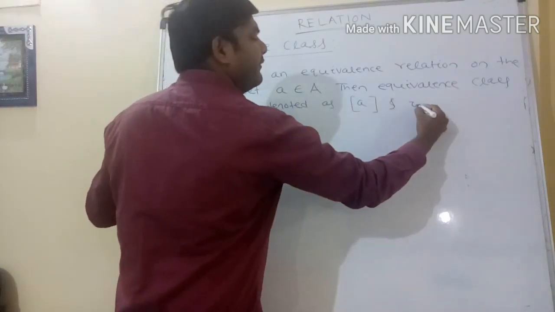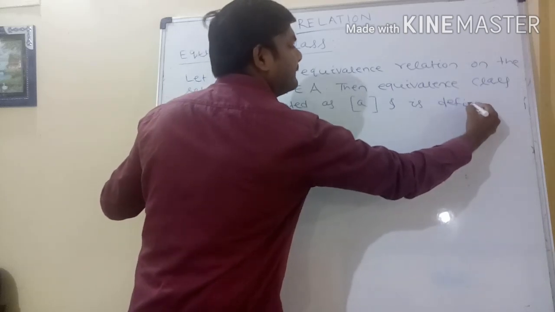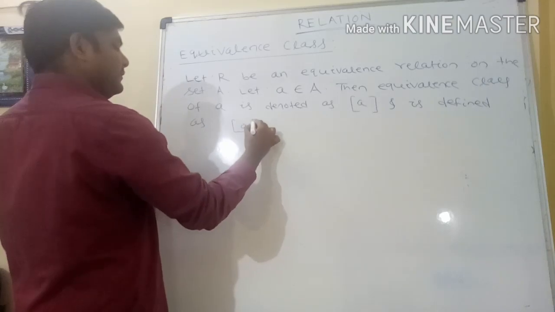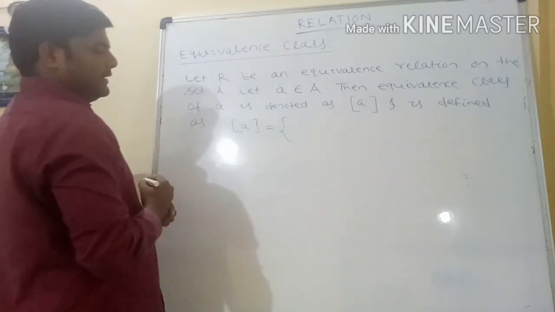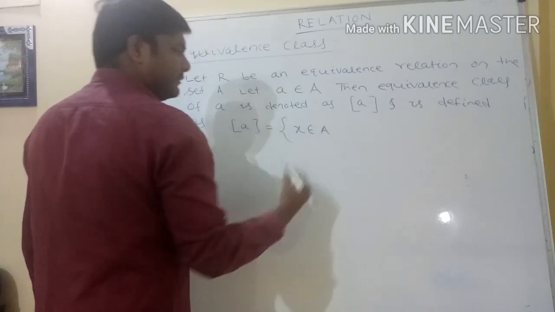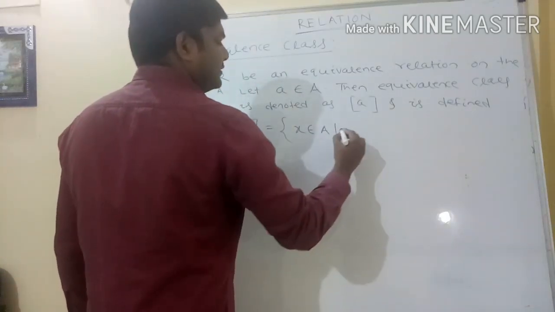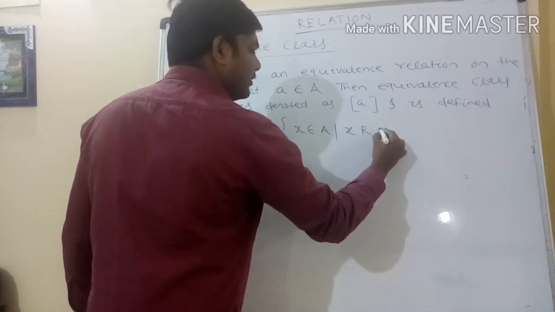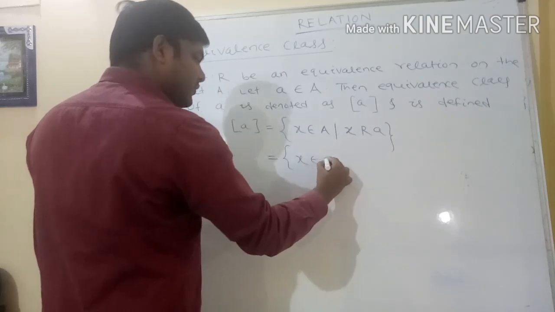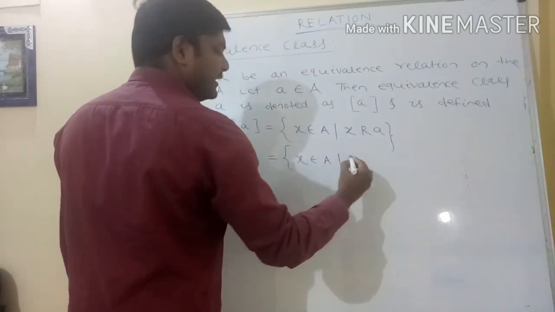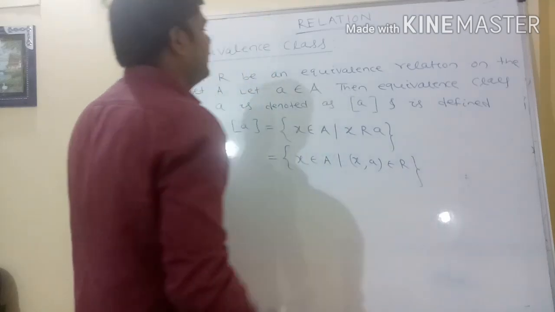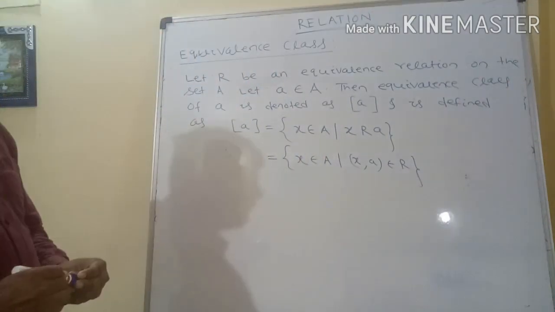And it's defined as those elements of A such that these are related to a, that is, {x belongs to A such that (x, a) belongs to R}. So this is the definition of equivalence class.